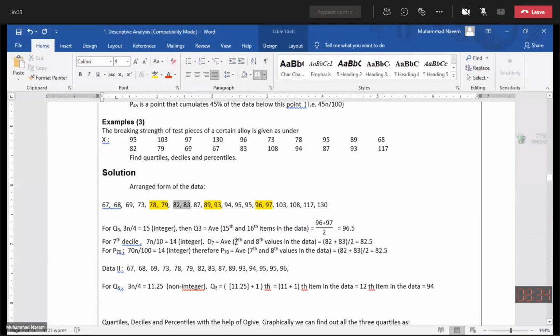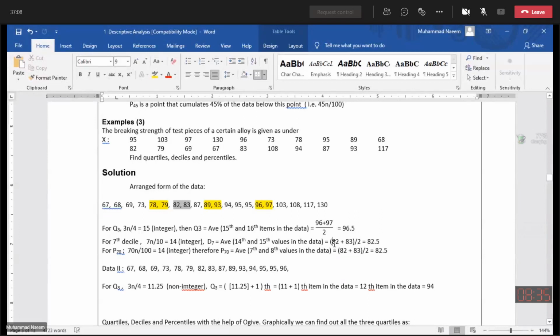Counting 1, 2, 3, 4, 5, 6, 7, 8, 9, 10, 11, 12, 13, 14, and 15, the values are in between 95 and 96.